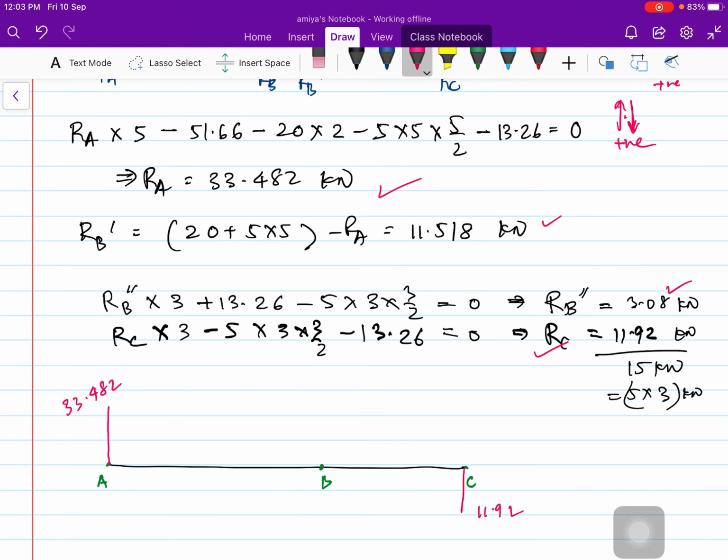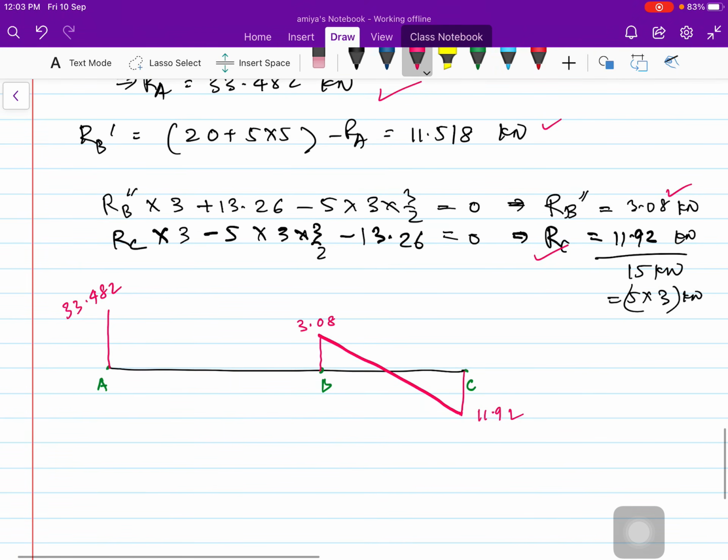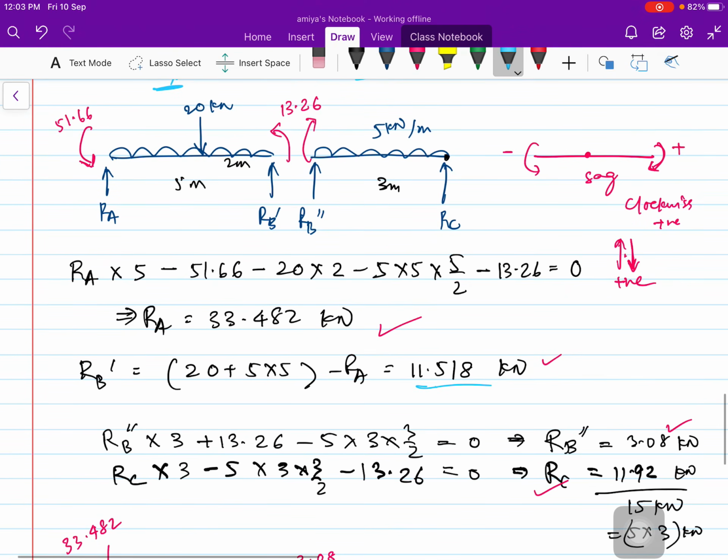So RB double dash is this, 3.08, I can draw like this, and RB dash I'll take for the next span. This is slightly smaller than 11.92, so I'll take this as 11.518.